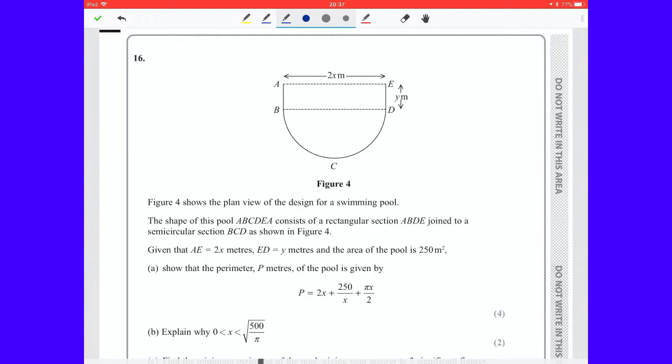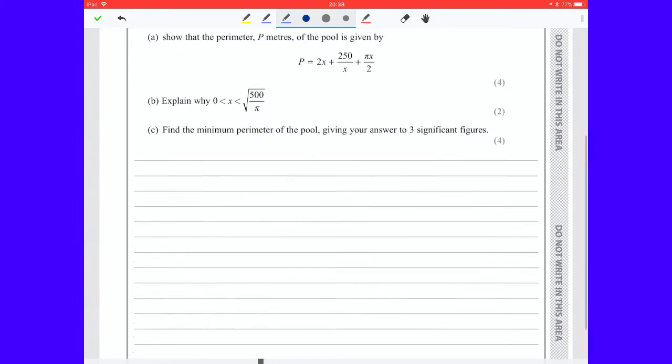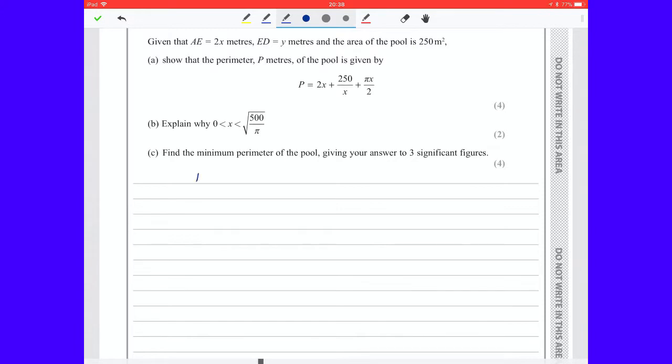Right, well, first of all, we need to realise that this semicircle has radius x because the diameter is 2x. And so when we look at the area, it's going to be the area of the rectangle plus the area of the semicircle.